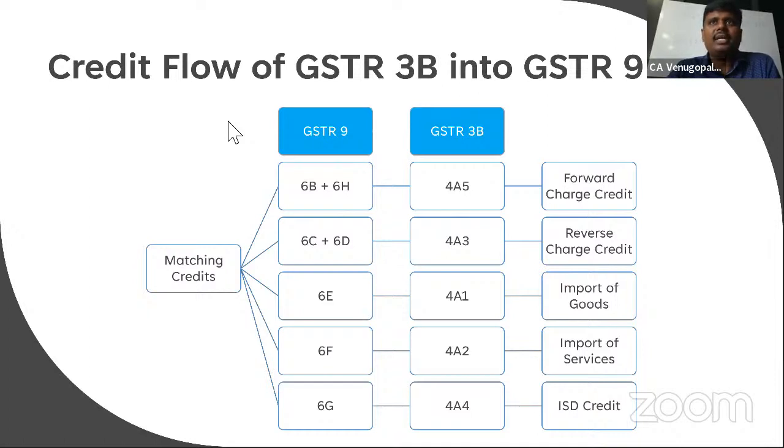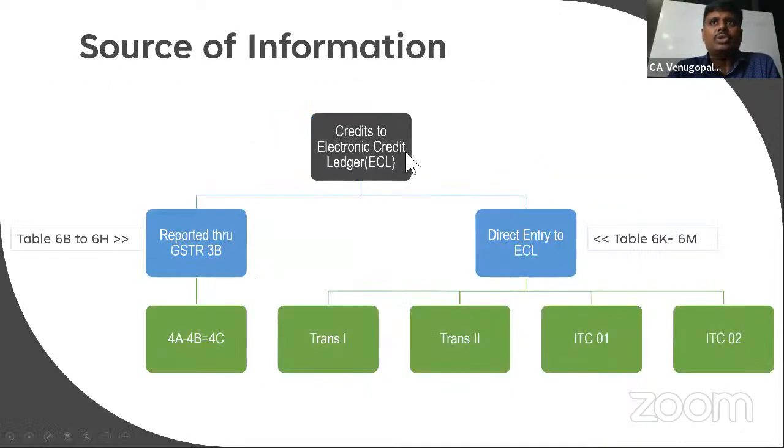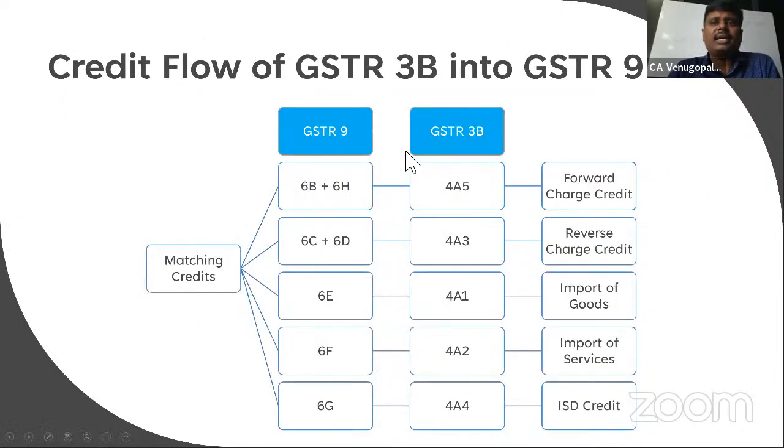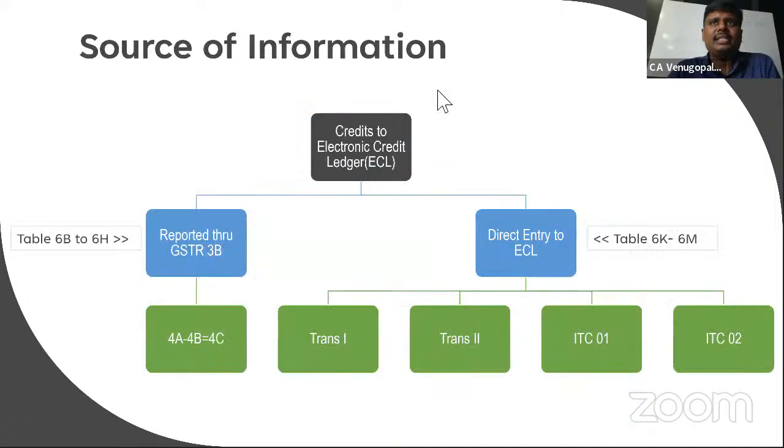So broadly, these are the credits that you will be reporting in GSTR 9. The total input tax credits would be 6B to 6H, which will be 3B, and the other credits would be 6K to 6M.